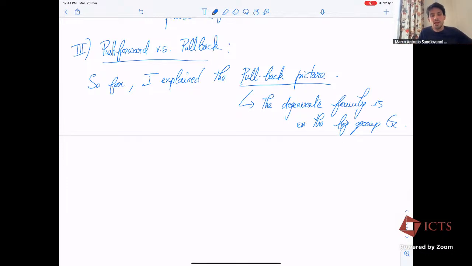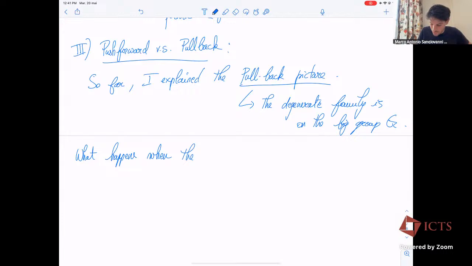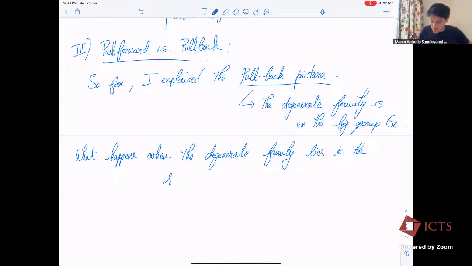Okay. Now let's take the point of view, and there are lots of examples, when the degenerate family lies in the small group, so lives on the small group.